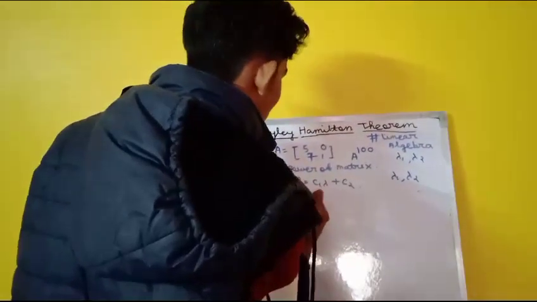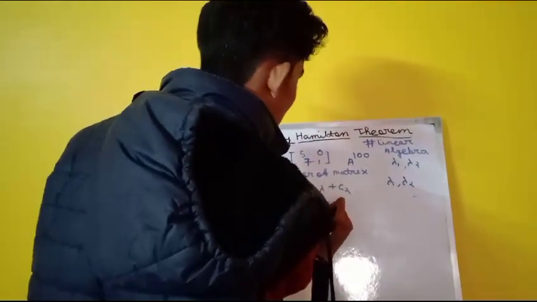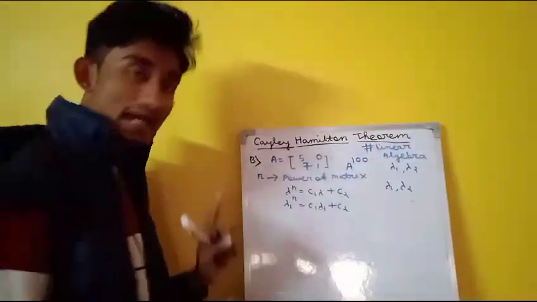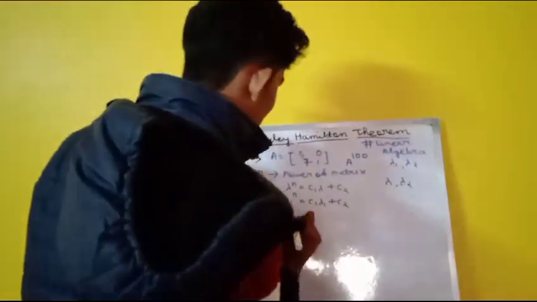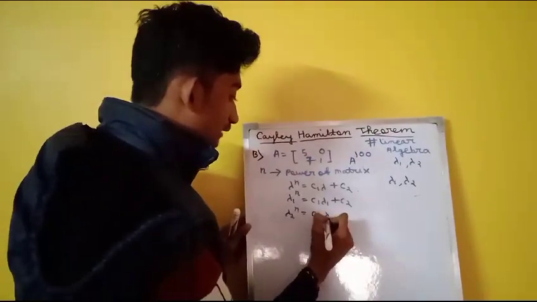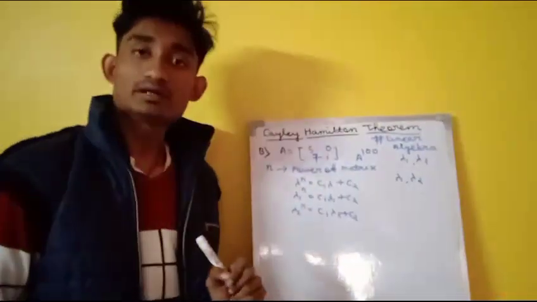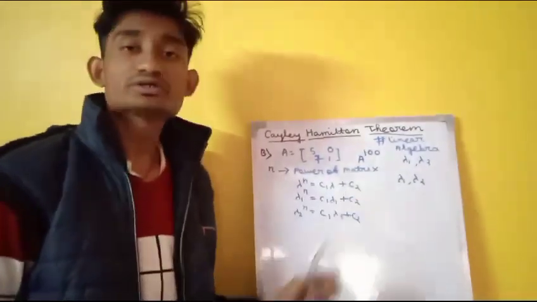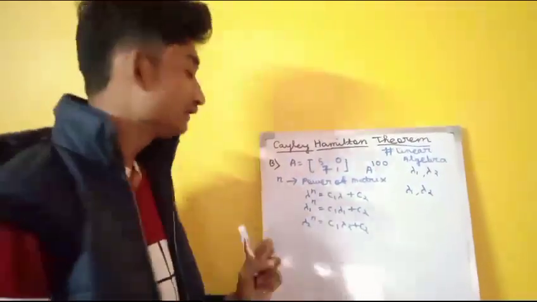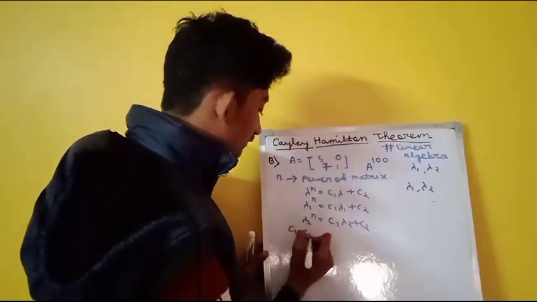So lambda 1 power n will be c1 lambda 1 plus c2, and lambda 2 power n would be c1 lambda 2 plus c2. You know lambda 1 and lambda 2. By these two equations in two variables, you find the two constants c1 and c2.